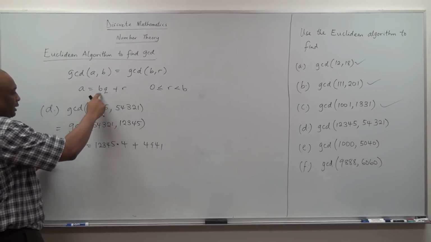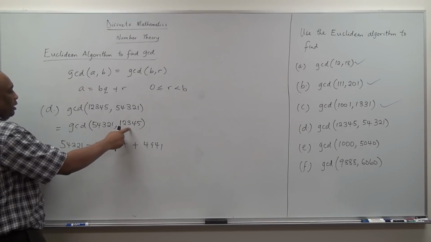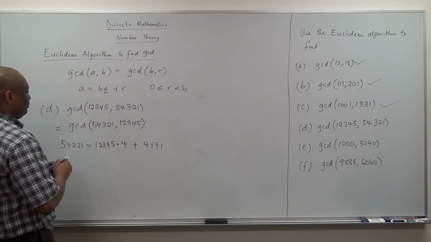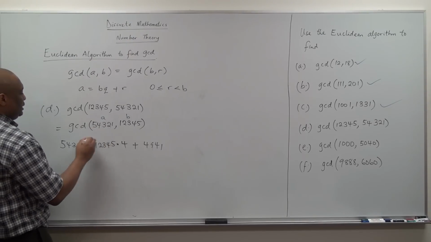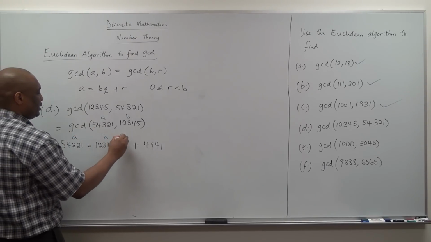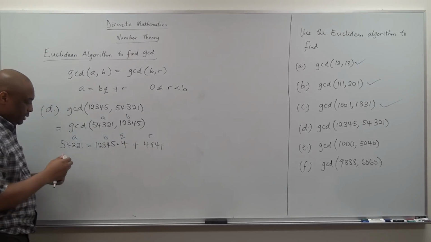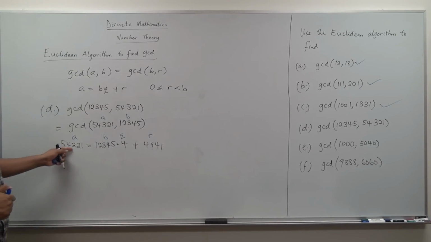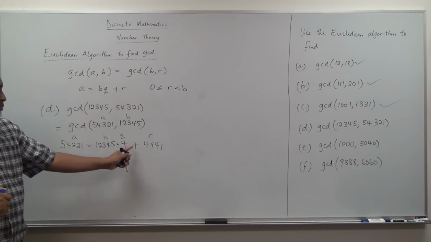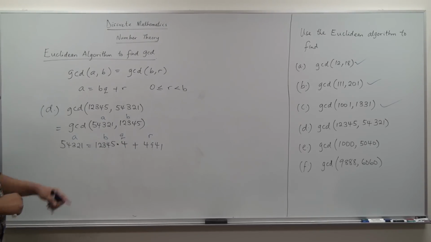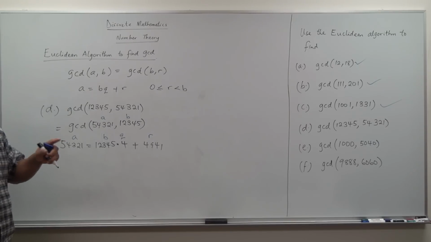Remember, this is B, the divisor, and this is your A. So this is now A, this is B, this is Q, and this is R. Just know that the dividend is equal to the divisor times quotient plus the remainder. I'm explaining this to add to your knowledge of this first one.